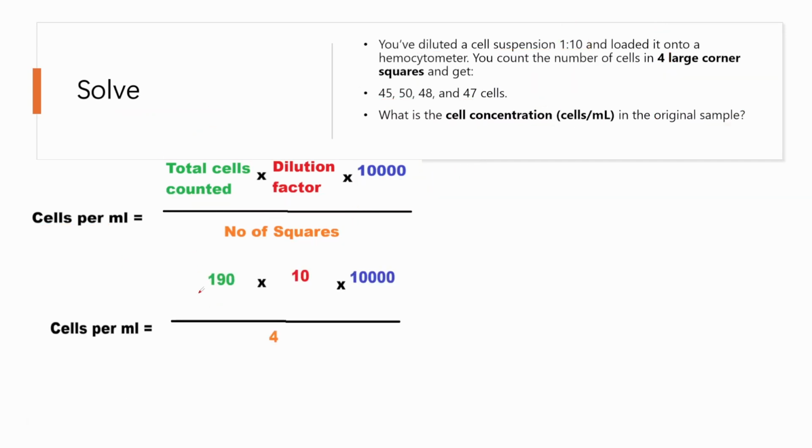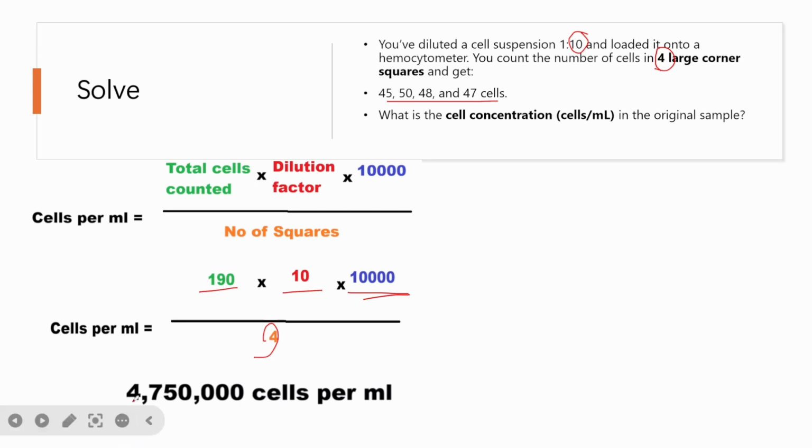We put all the designated numbers, 190 for the total cell count, 10, which was our dilution factor, how many times we had diluted our cell suspension before we introduced it into the hemocytometer, the volume conversion factor, which is 10 raised to power 4, and the number of squares we had counted the cells in, which was the 4 corner squares. Okay, so we are going to get this number over here, this big huge number.